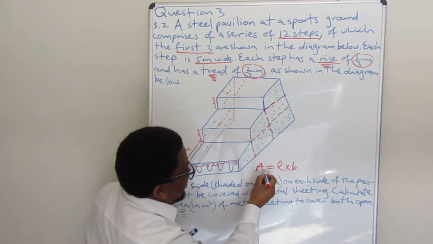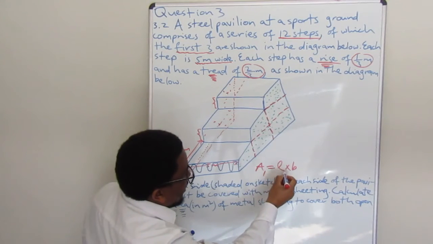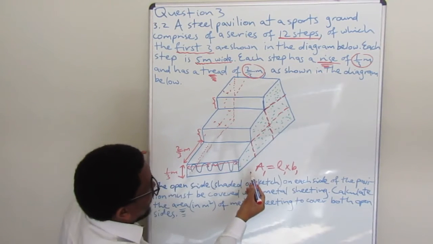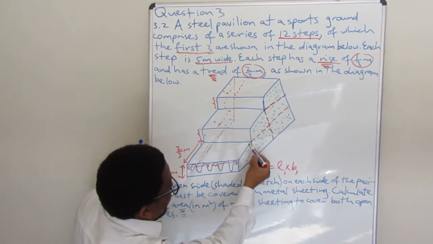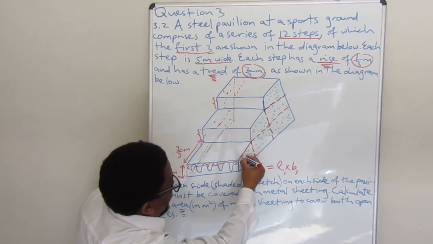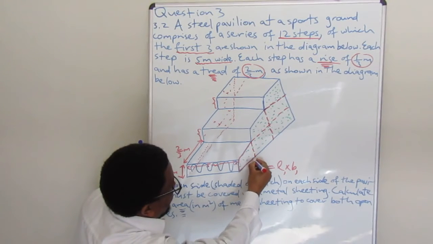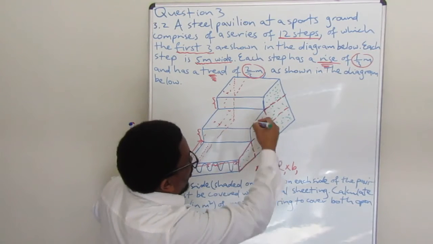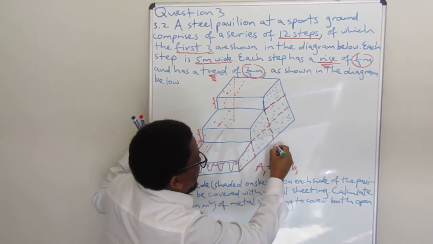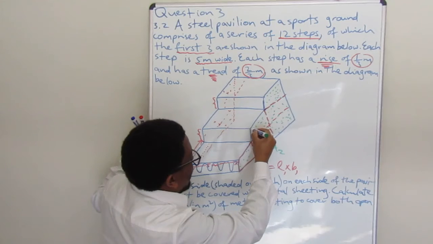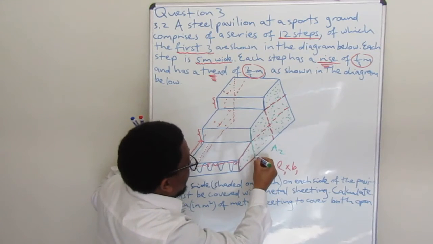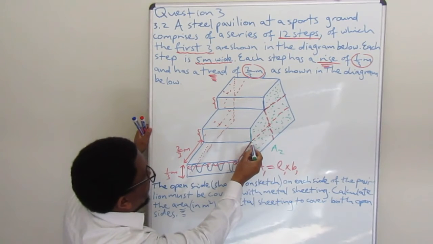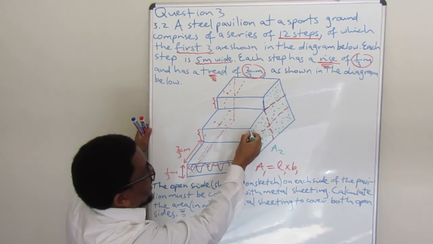Let's say this one is my first step. Length 1, breadth 1. I just made an example. So here I'll have my area around this side. There's my first area there. Now, if I go to the next one, my area 2, for example, can you see now the rise here is 1/3, and another rise there.